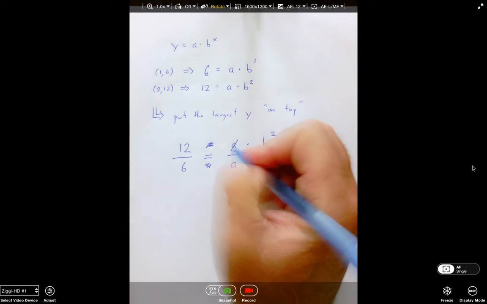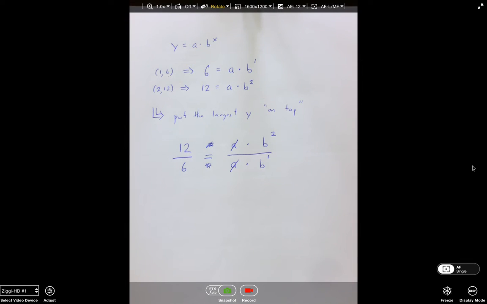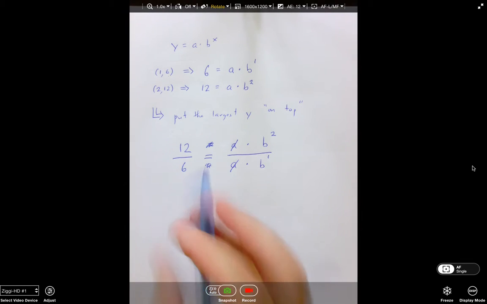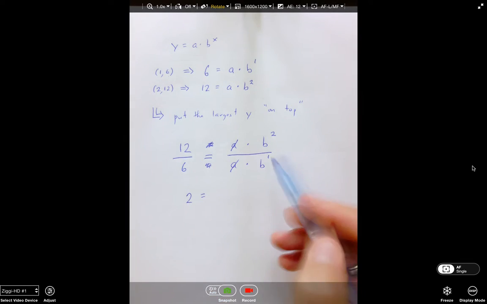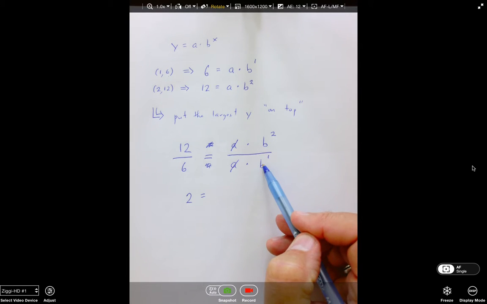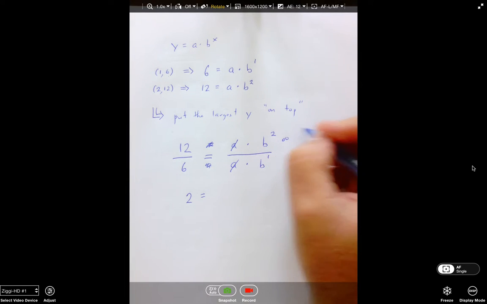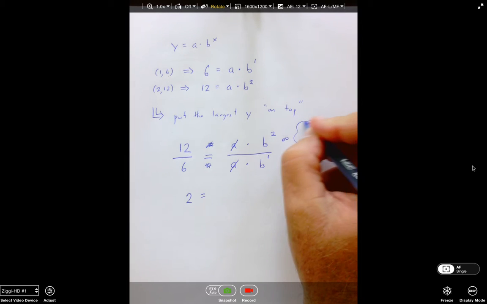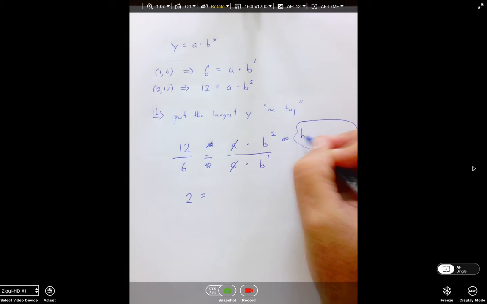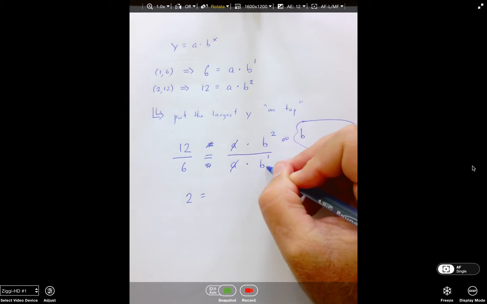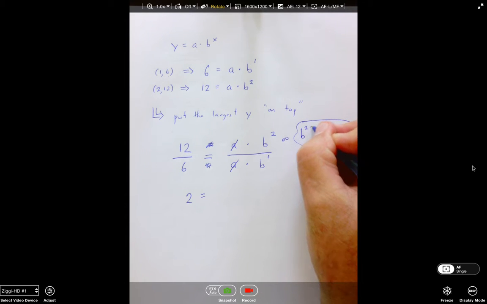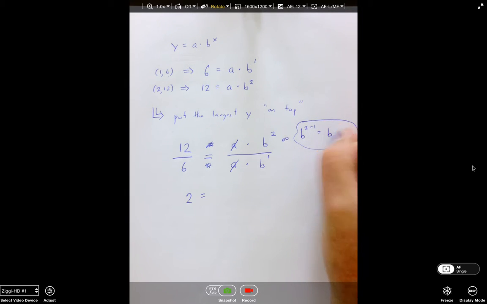Now this allows me to cancel my a's. I have 12 divided by 6 is 2, and I have b squared over b to the 1st. You might have to go back to your properties of exponents, but b squared divided by b to the 1st, we subtract the exponents, so I get b to the 1st power.